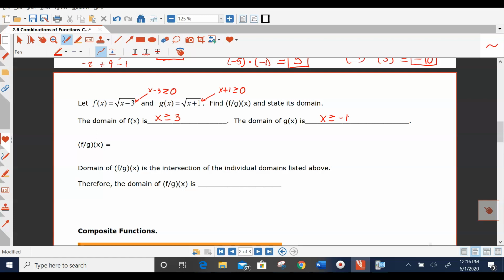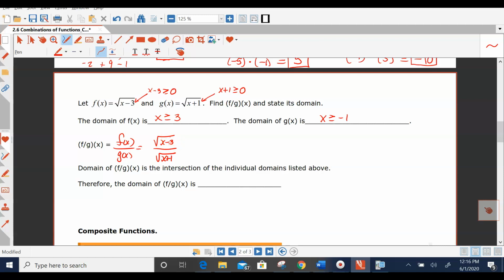Let's set up f divided by g of x. That means I'm going to take the f function, put it on the top, g function on the bottom. So I'm going to have the square root of x minus 3 over the square root of x plus 1. So there is f divided by g.